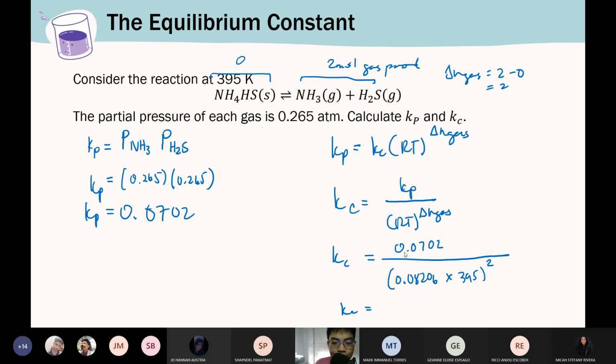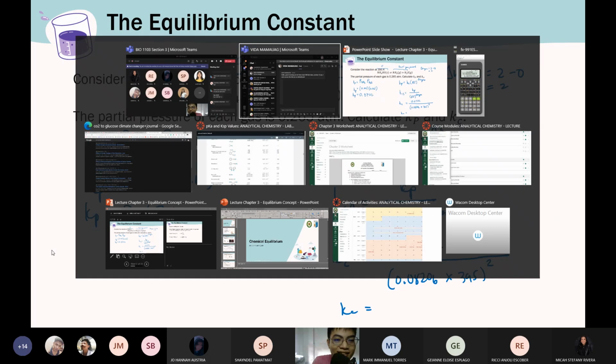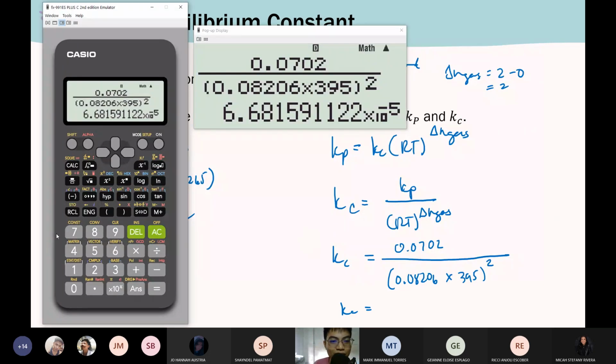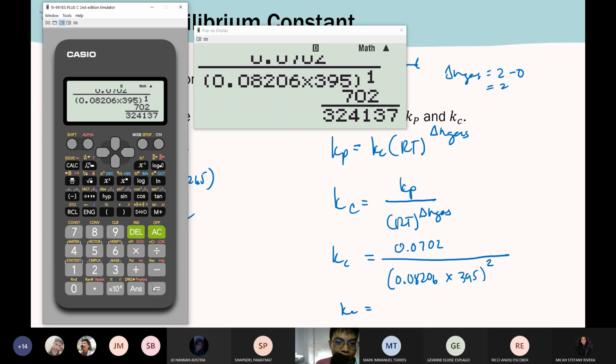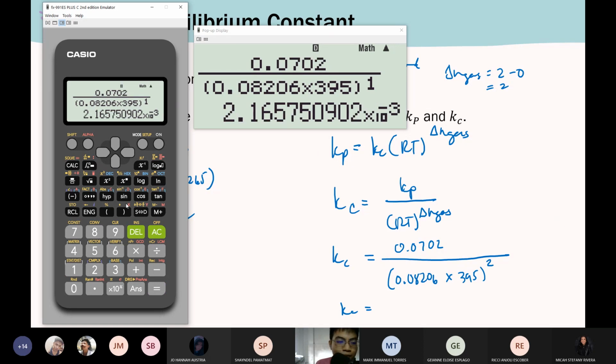Oh, I got lost. So, did anyone get the same answer as me? Maybe you didn't apply the square. Let's try it without the square. Louie just didn't square it, but okay. You just need to get the square.